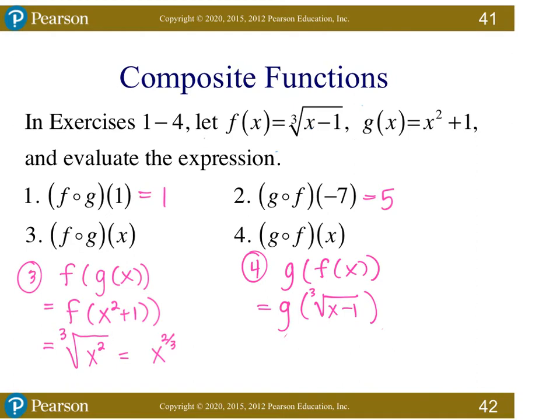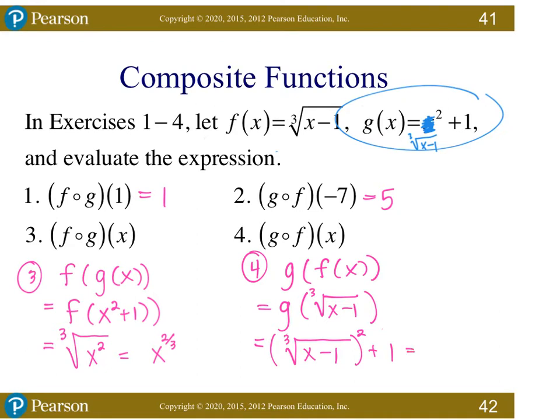So now I want to go to my g function, and instead of x, I'm going to replace that with the cube root of x minus 1. So that's going to look like the cube root of x minus 1 with a square around it plus 1.